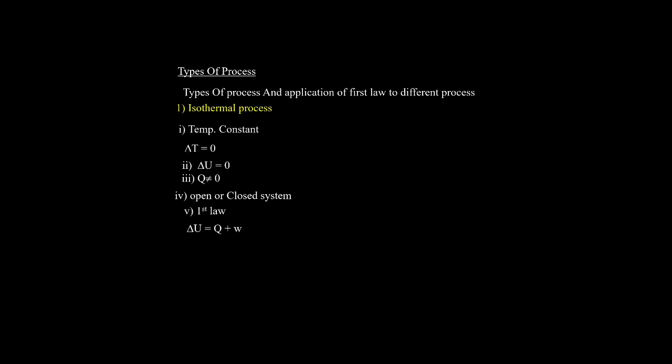According to the first law of thermodynamics, delta U is equal to Q plus W. So, substituting delta U is equal to 0, we get Q is equal to minus W. Hence, we can say that the heat absorbed by the system is entirely used for doing work on the surroundings. When work is done on the system by the surroundings, it results in the release of heat.